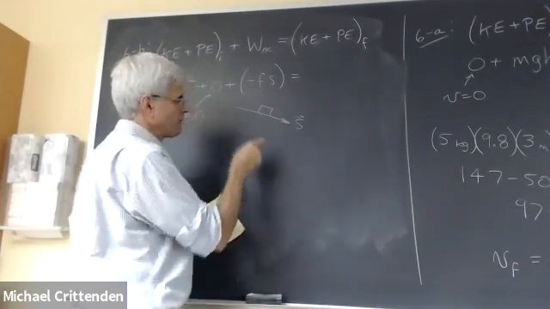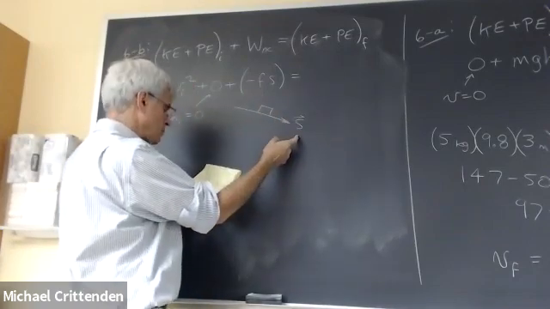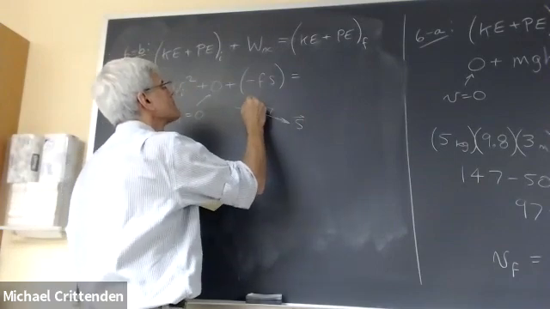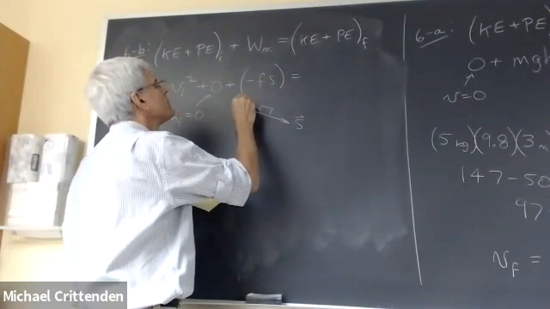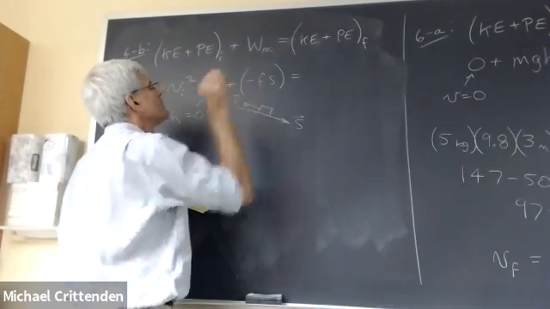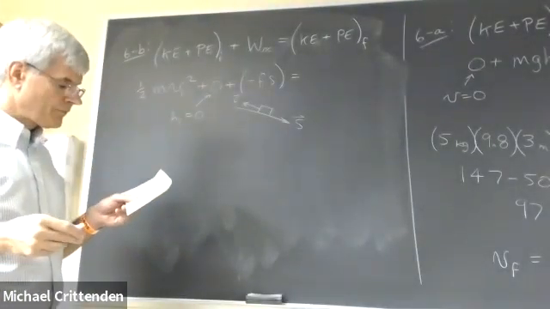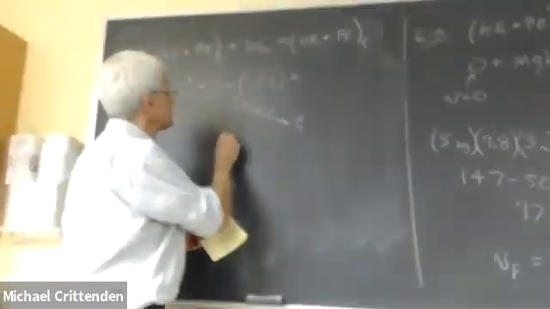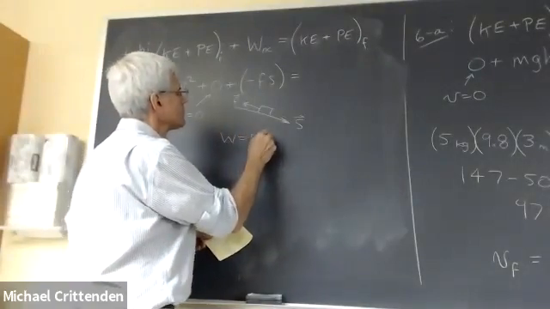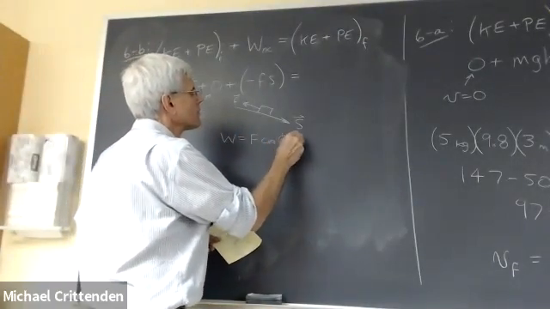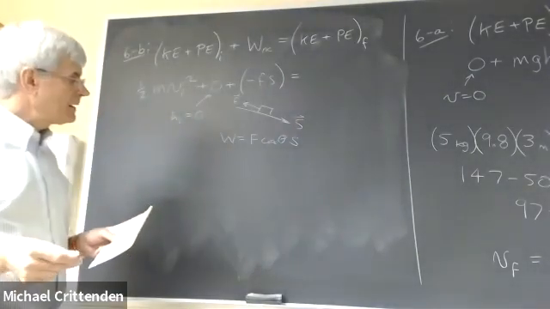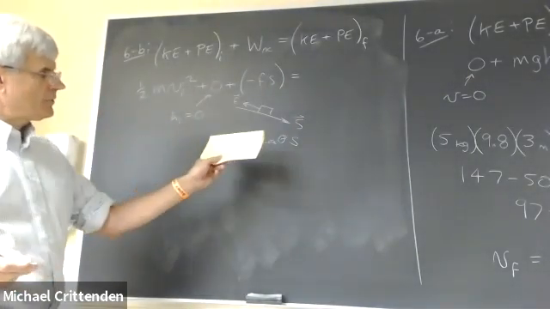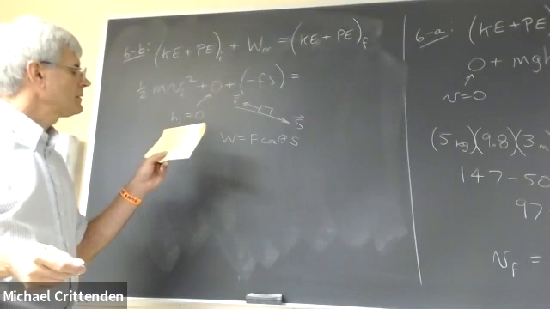That's the displacement vector. That's how far the car moved. And this is the force vector, the force of friction. Work is defined as force times distance times the cosine of the angle in between.